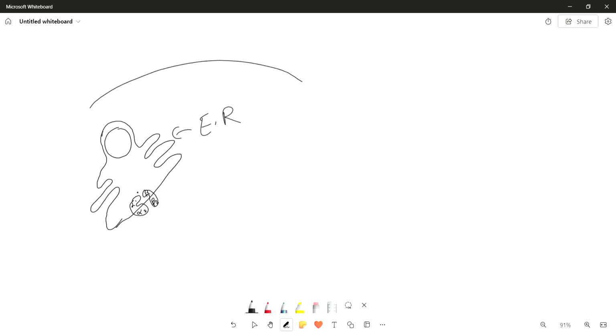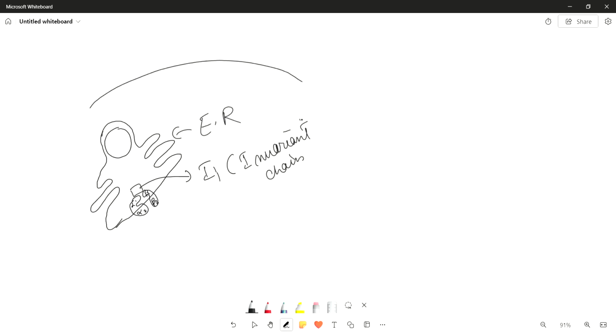As they're synthesized, whilst they're on the endoplasmic reticulum, there's something added to them. What is this thing? It's a protein called invariant chain.